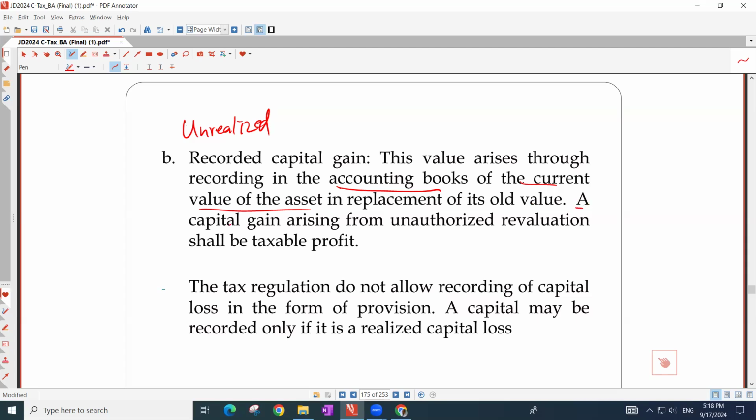But it said here, if that record arrives from an unauthorized revaluation, you should pay tax. But as I said before, there's no competent authority or any government body here responsible to approve when you want to do revaluations. Maybe for immovable property, you do it through licensed real estate agents.